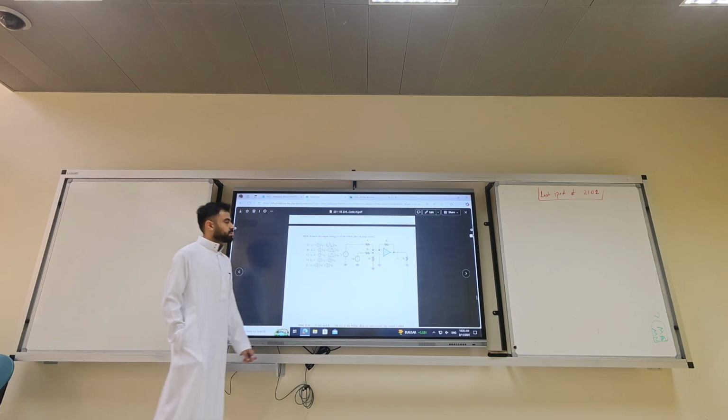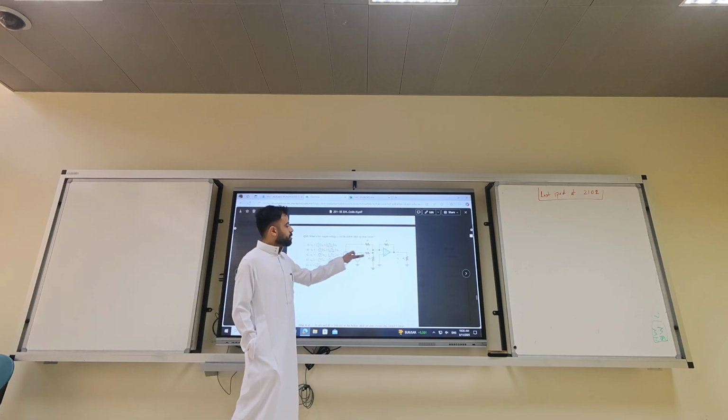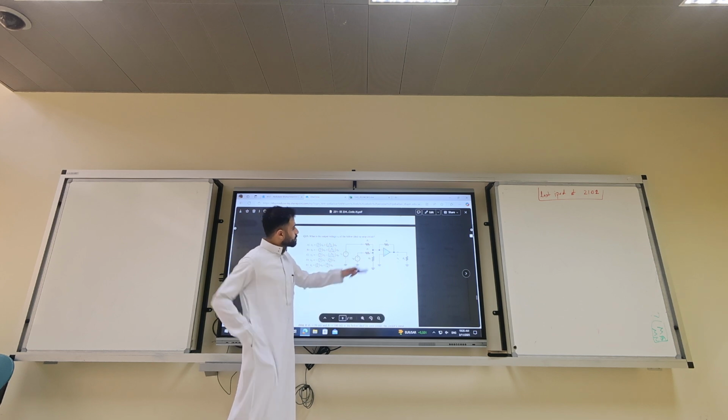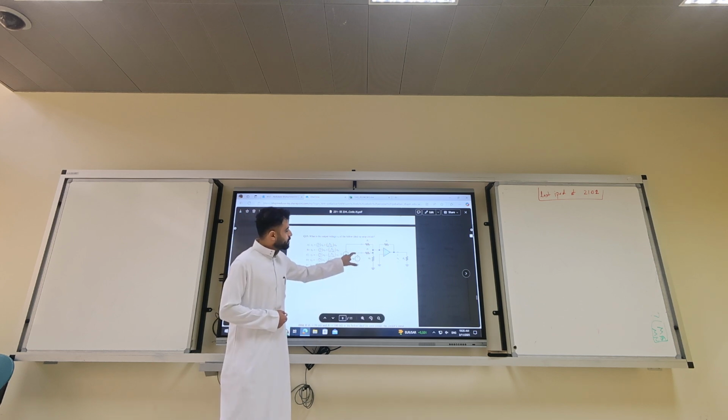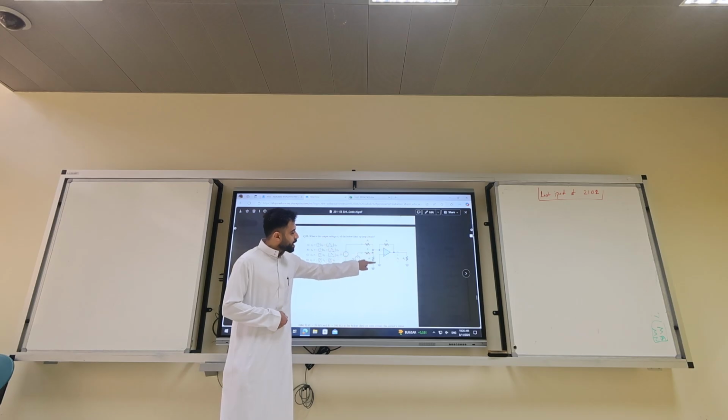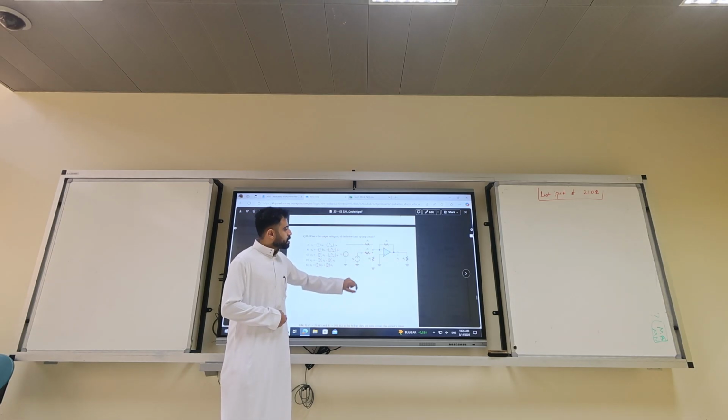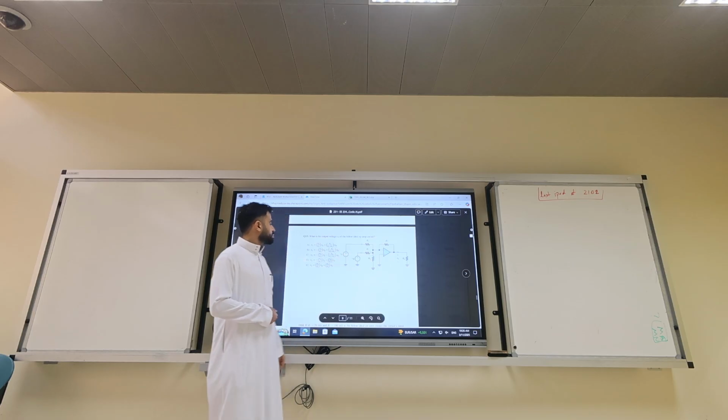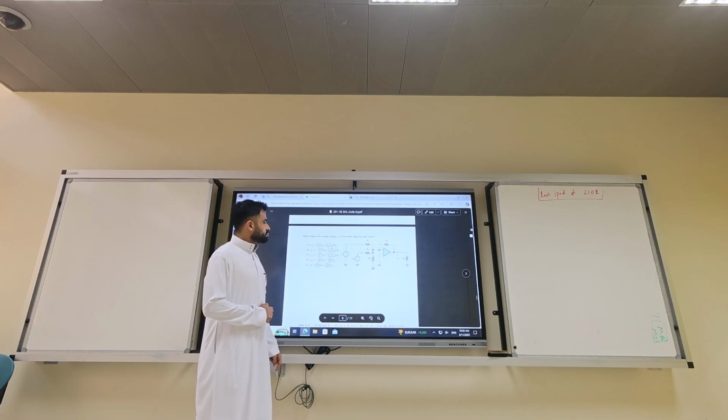Now, what is the input here? Think of the VB, R2, R4, all as one circuit. What is the voltage here? It's R4. So we apply VB, right?